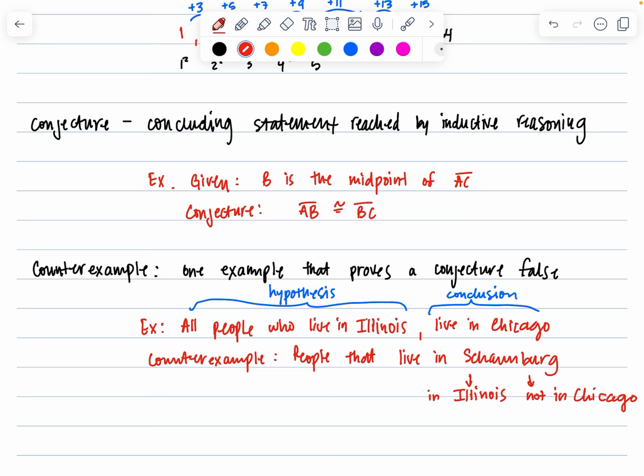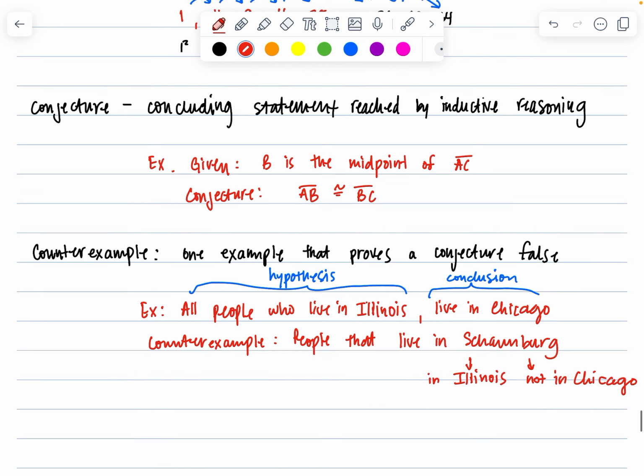Like I said, in any counterexample, the hypothesis stays true, but you prove the conclusion false.